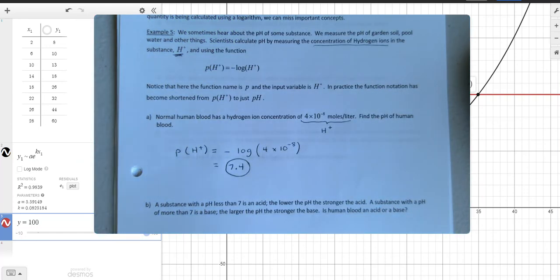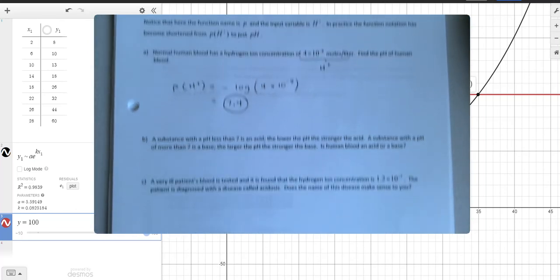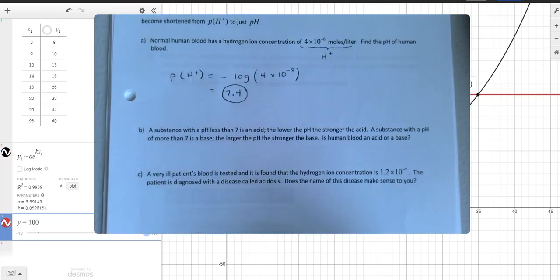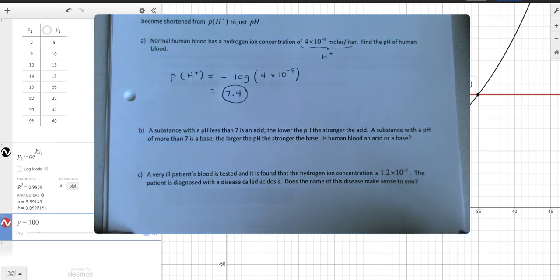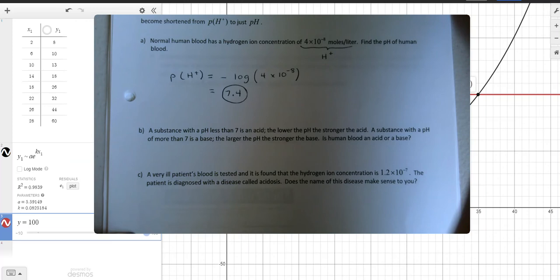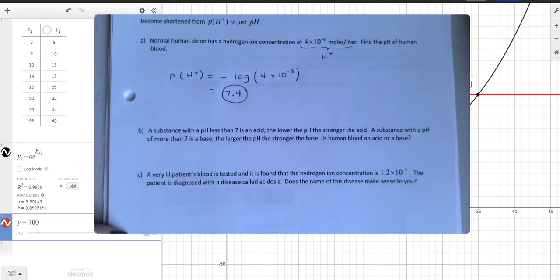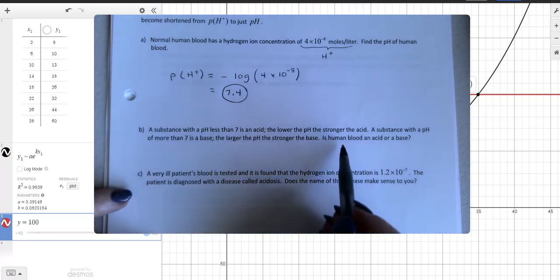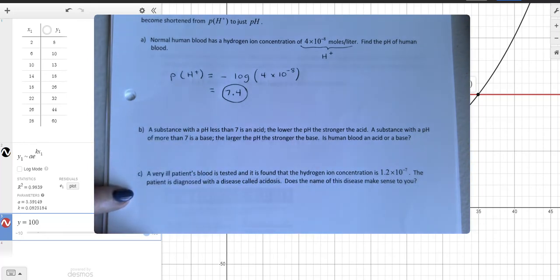All right, part B of this problem. A substance with a pH of less than 7 is an acid, and the lower the pH, the stronger the acid. A substance with a pH of more than 7 is a base. The larger the pH, the stronger the base. So is human blood an acid or a base?